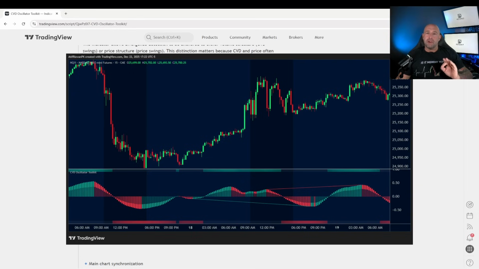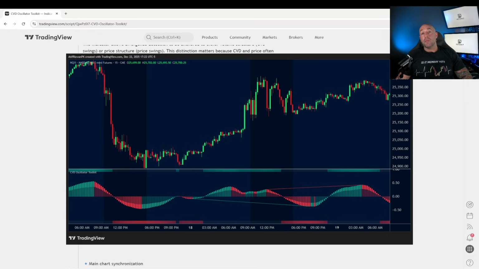A bullish divergence occurs when price pushes lower while CVD fails to confirm or forms a higher low, suggesting that selling pressure is losing strength. Divergences are evaluated only near meaningful swing points and after confirmation. This filtering helps reduce noise and avoids highlighting minor or premature divergence conditions.